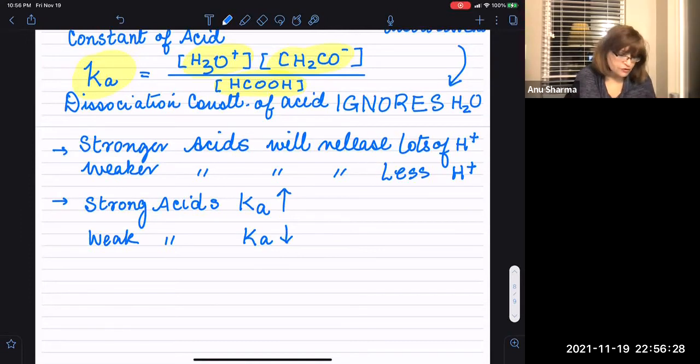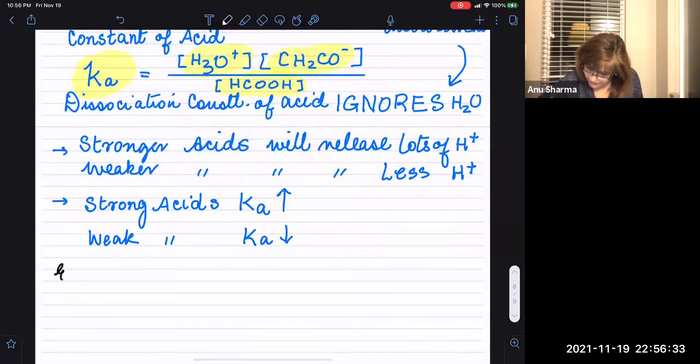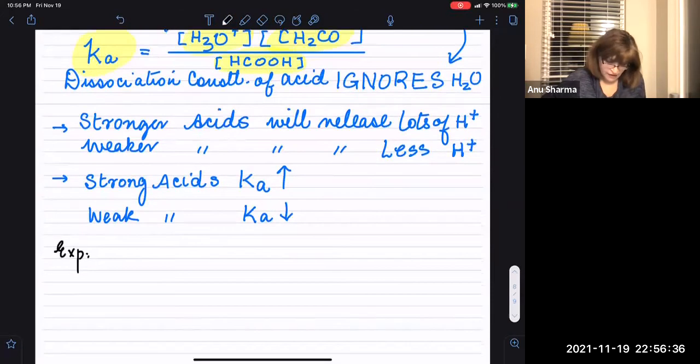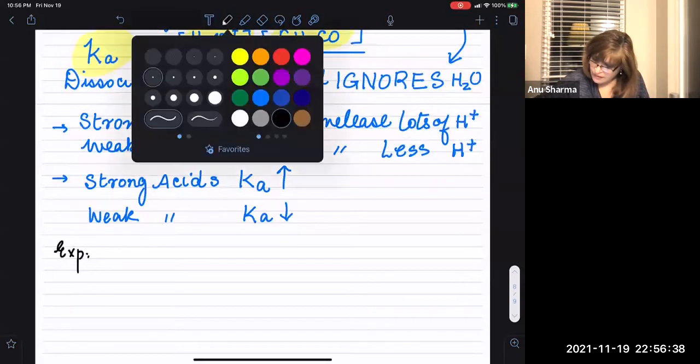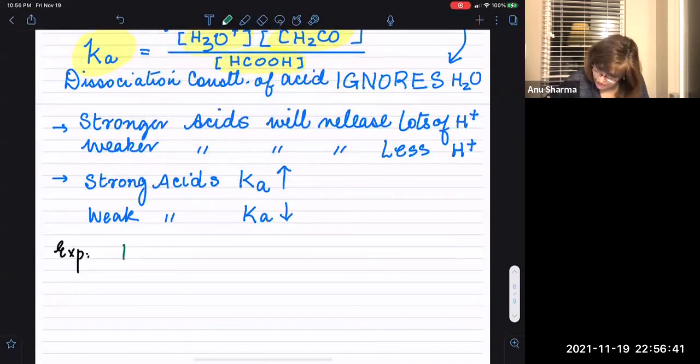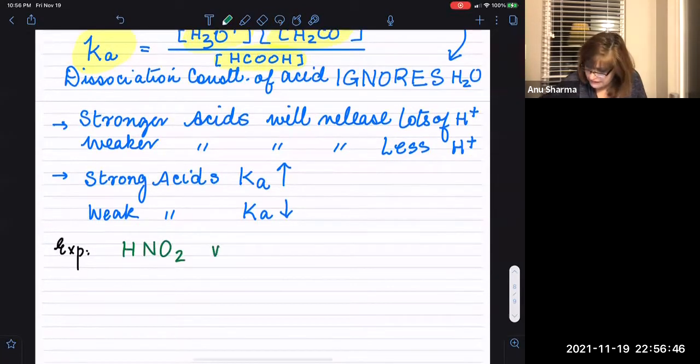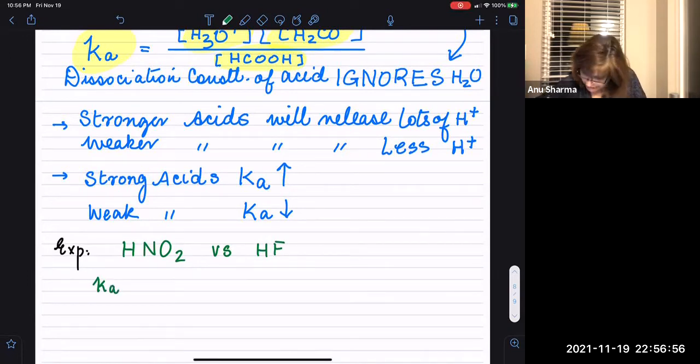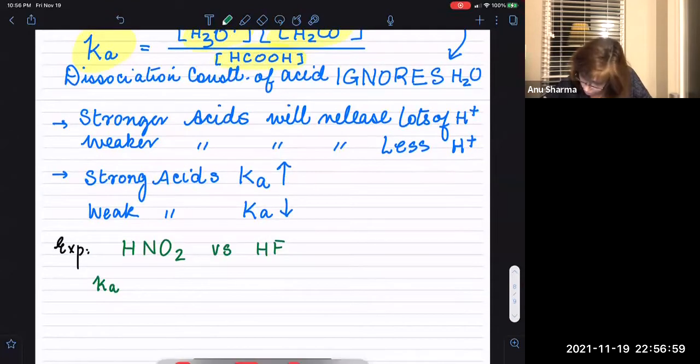Okay, now comes the question. If I give you two problems, look at these examples here. HNO2 versus HF. The Ka value of HNO2, which is nitrous acid, is 4.5 into 10 to the power -4.